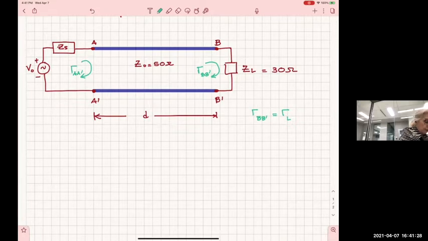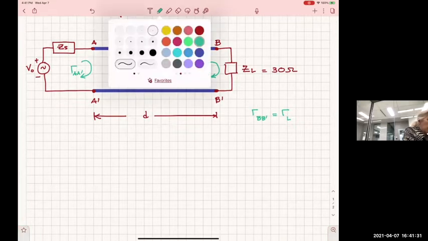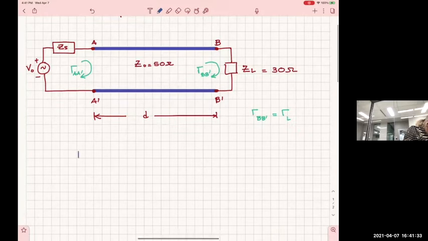Okay, what are the formulas that I was using before, which you need to remember? Gamma at any point Z, let's assume this is any point Z here. This is Z, and this is Z prime, one is the distance from the source, the other is from the load.